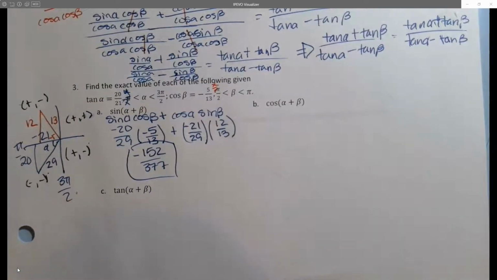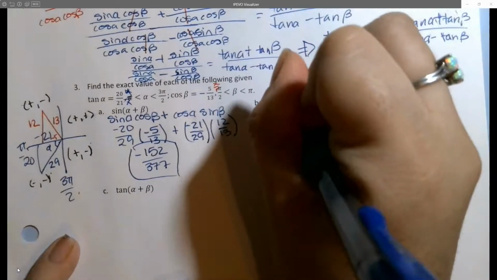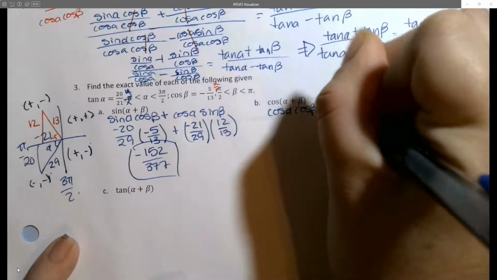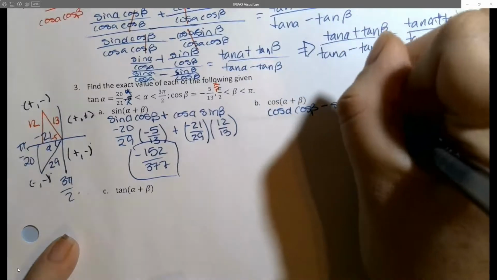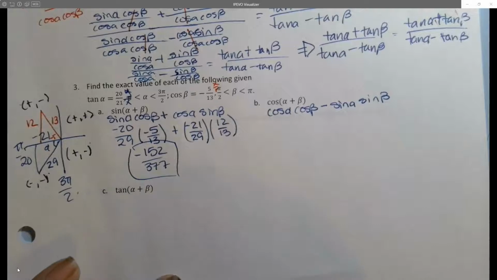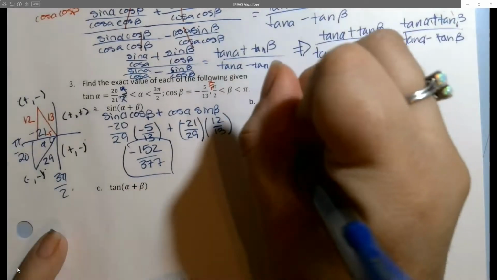I want to do the same thing for cosine. So cosine, my sum formula here is cosine alpha, cosine beta, minus sine alpha, sine beta. And I'm getting this off of the reference sheet. So cosine alpha is from the blue triangle. That is negative 21 over 29.